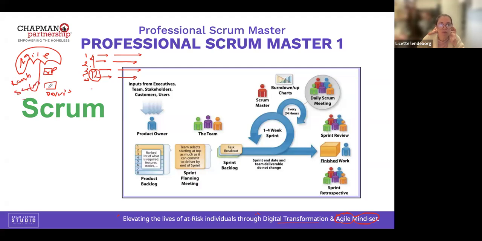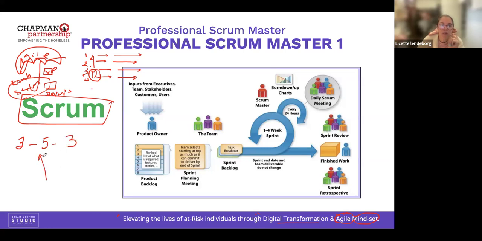So Scrum is a framework under the Agile umbrella, and it is the most popular framework under the Agile mindset. When you're talking about Scrum, it prescribes 3 roles, 5 ceremonies, and 3 artifacts.